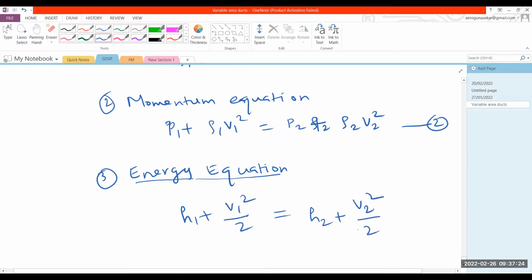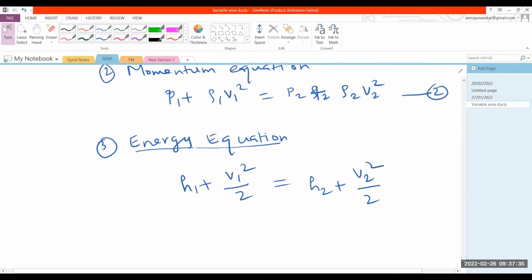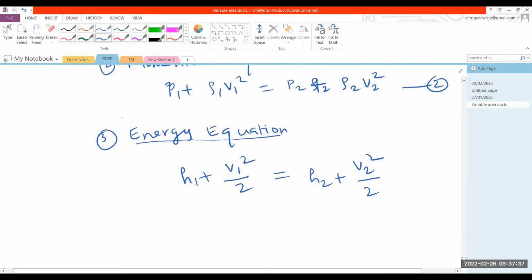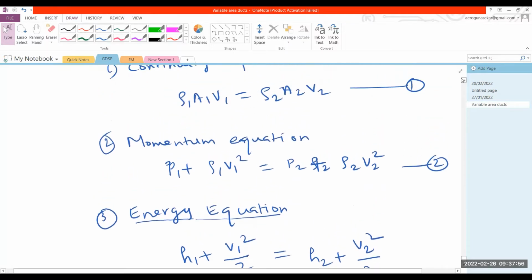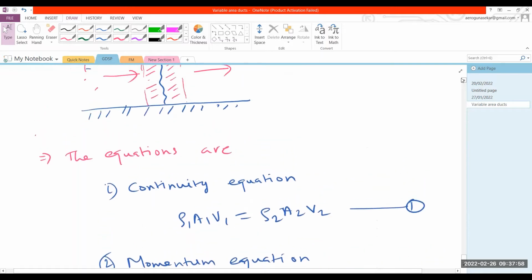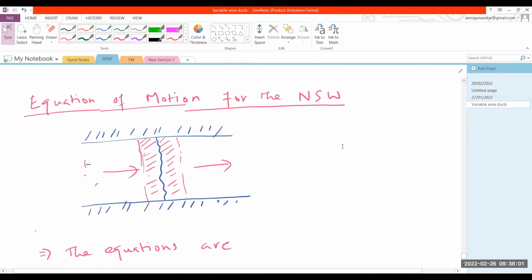Then, by using all three equations, we are going to find the relationship for the shock wave, especially for the normal shock wave. That's why we said the equations of motion for the normal shock wave.